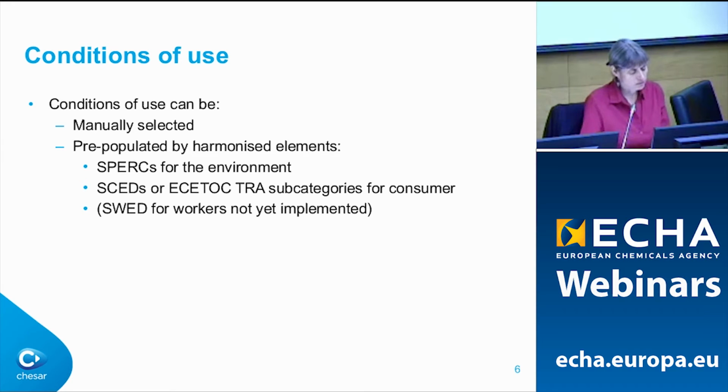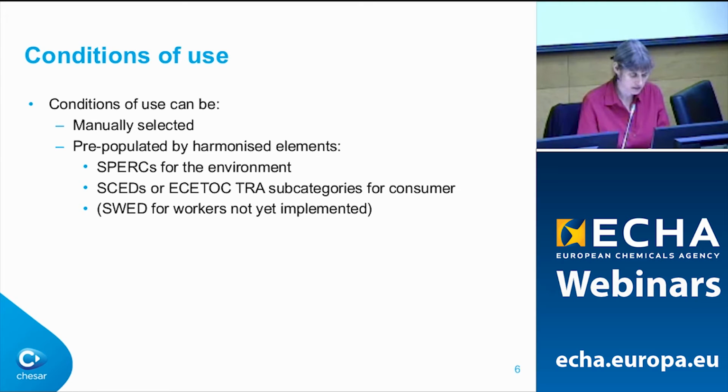Globally, the conditions of use can be either manually selected, meaning entered by the user selecting from the library, or they can also be pre-populated by inserting harmonized elements, which may be SPERCs for the environment assessment, SCEDs or ECETOC TRA subcategories for consumer assessment, and for workers, the SWEDs are not yet implemented.